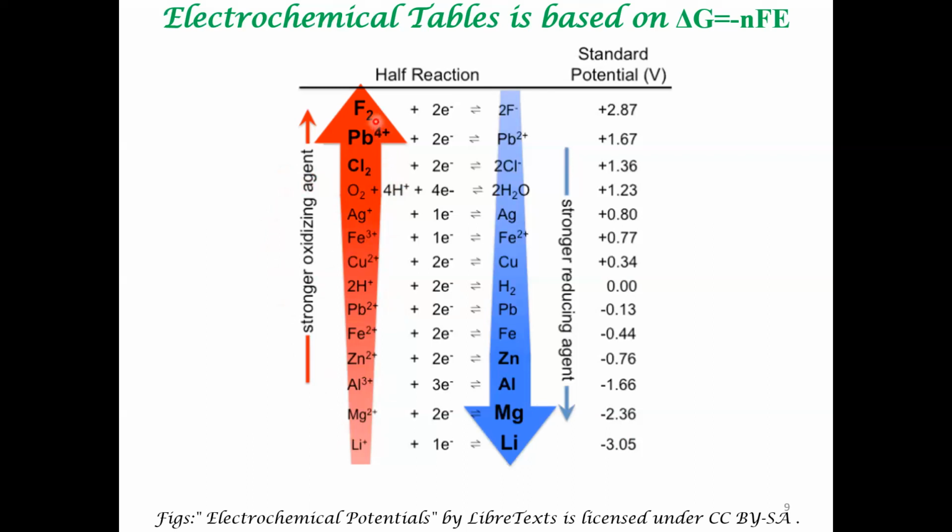When fluorine is used as an oxidizing agent, during that act of oxidizing, it will get reduced. The ability to act as an oxidizing agent increases in this direction because the tendency to get reduced increases in this direction. The opposite is true for a reducing agent.